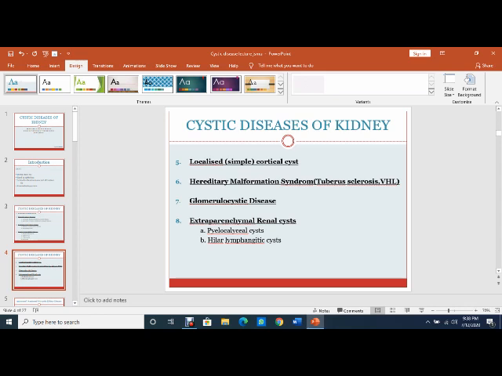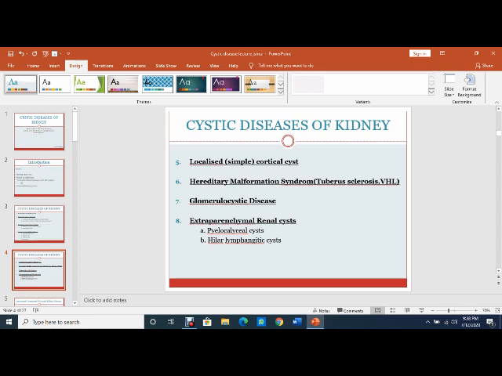It is a congenital disorder in which malformation of the kidney with cysts as well as CNS symptoms may occur in these patients. Glomerulocystic disease: cysts arise from the glomeruli.